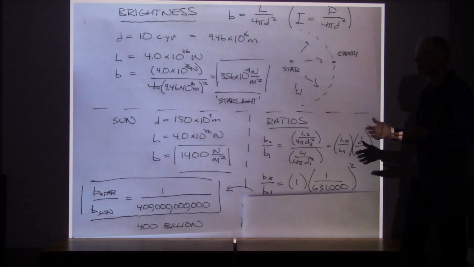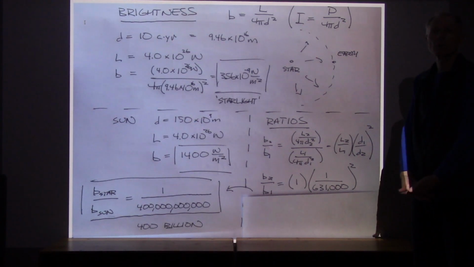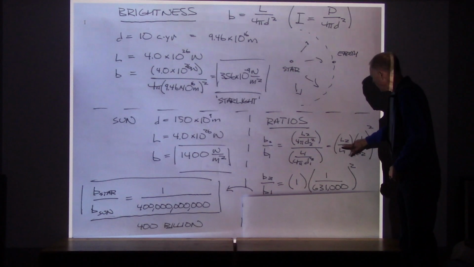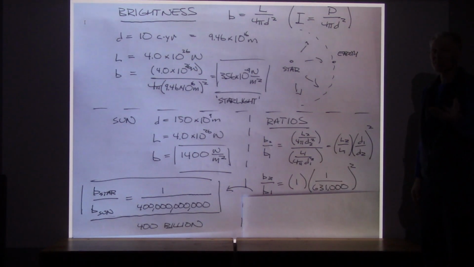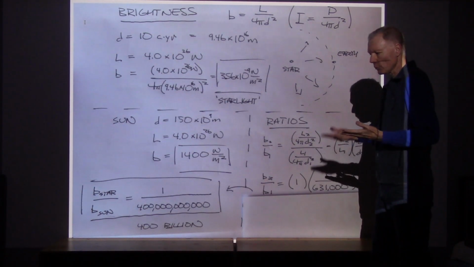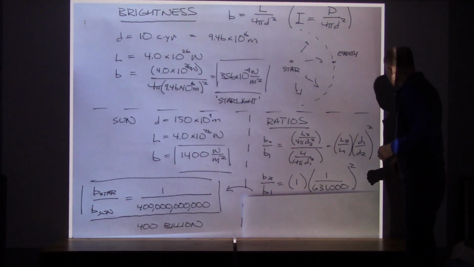Now in this problem, what we're assuming is that the two stars have the very same luminosity. So I've got to take the L2 over L1 and just write that as a ratio of 1, since the luminosities matched. Now it was the distances that were different. So what it's saying is that the comparative brightness between the two is going to depend on the distance ratio squared.